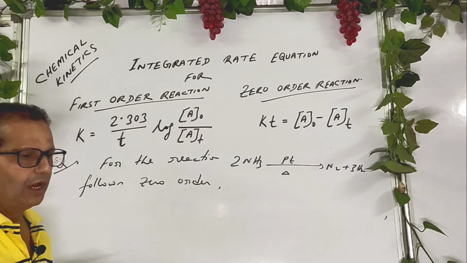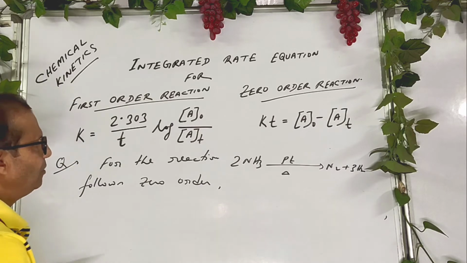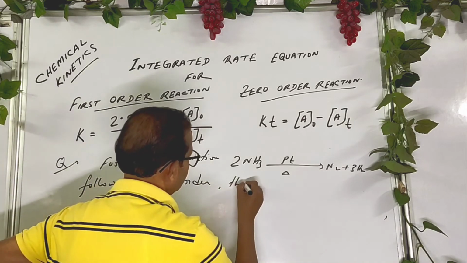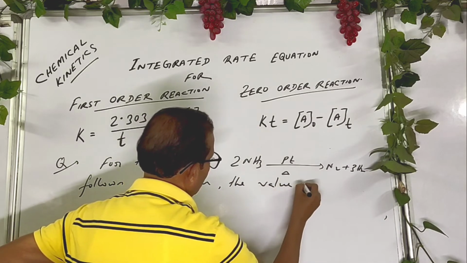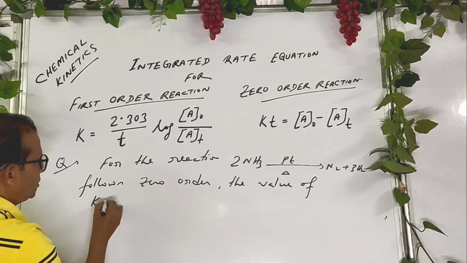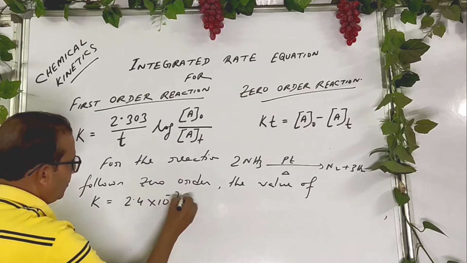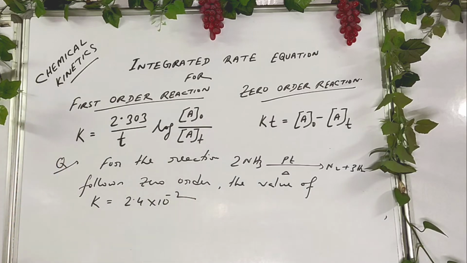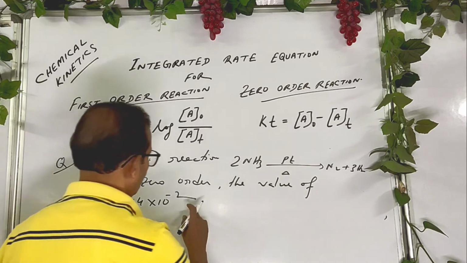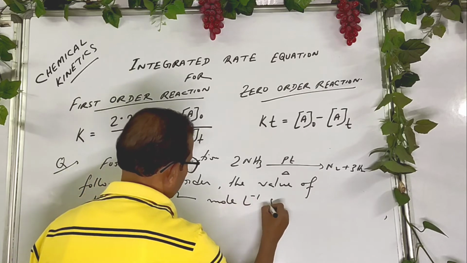The value of rate constant K equals 2.4 into 10 to the power minus 2 mole per liter per second.